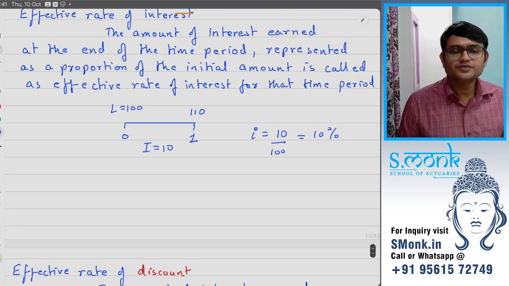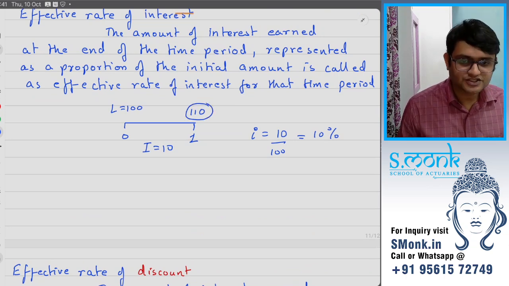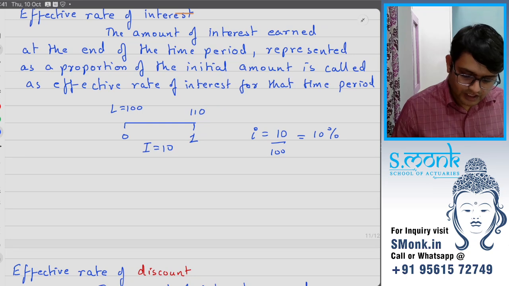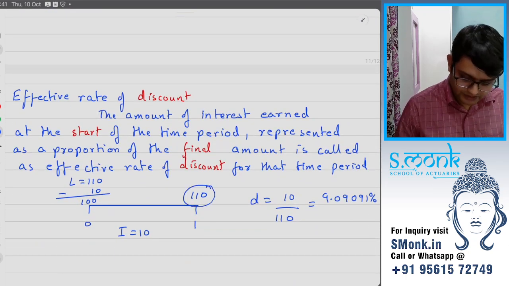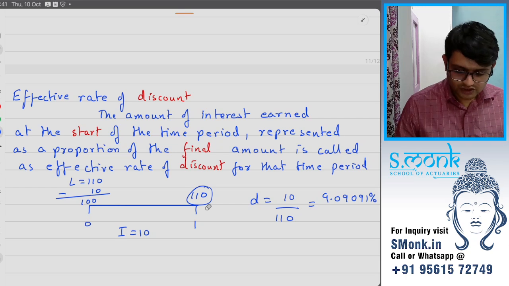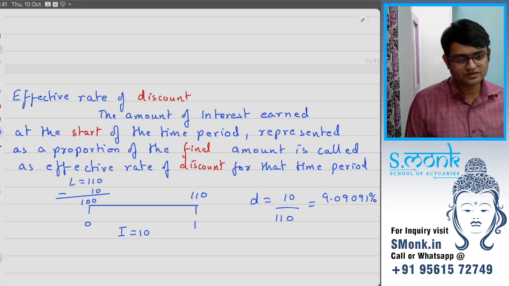See, actually what is happening here is you are paying interest here 10 rupees extra, right? Even here you are paying 10 rupees extra, correct? You got 100 rupees, you paid 10 rupees extra here. So in both cases you are actually paying the extra amount at the end of the year.